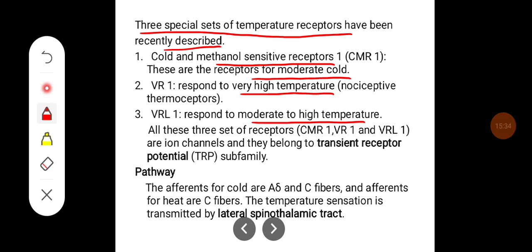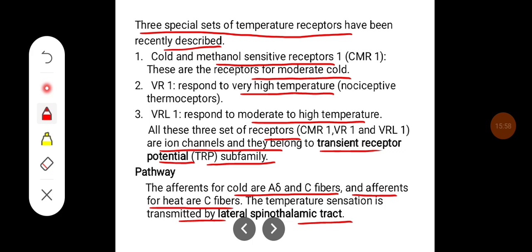All these three sets of receptors, that is CMR1, VR1, VRL1, are ion channels and they belong to the transient receptor potential subfamily. Regarding the pathway, the afferents for cold are A delta and C fibers, and afferents for heat are C fibers. The temperature sensation is transmitted by the lateral spinothalamic tract.